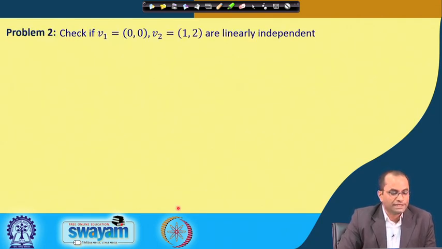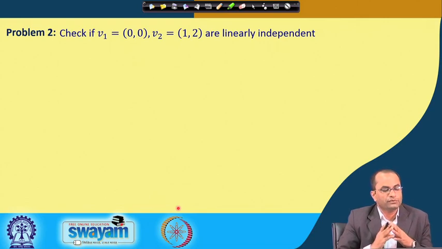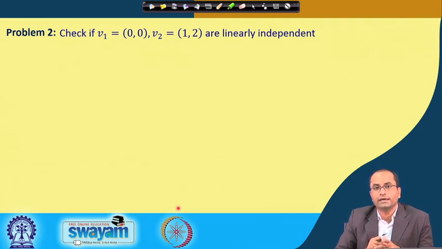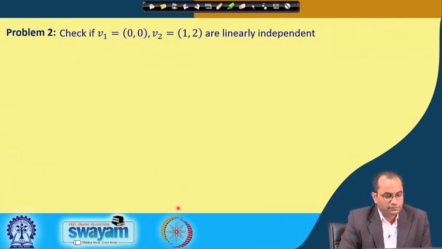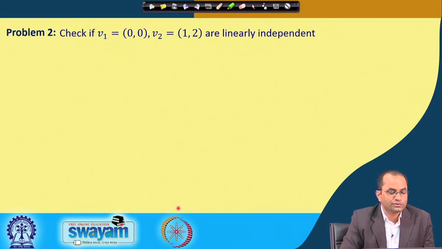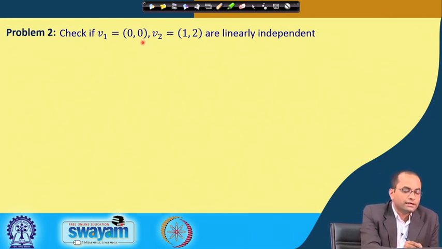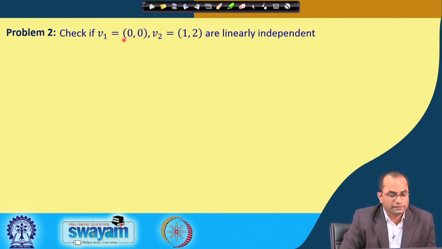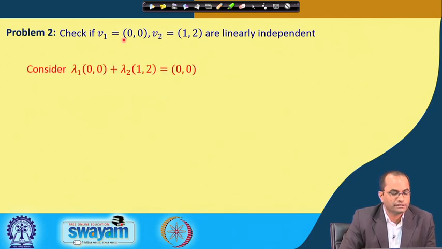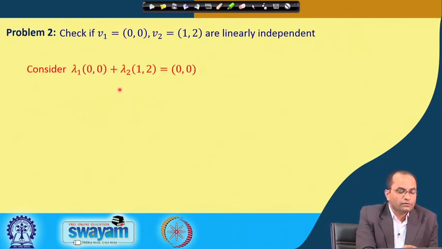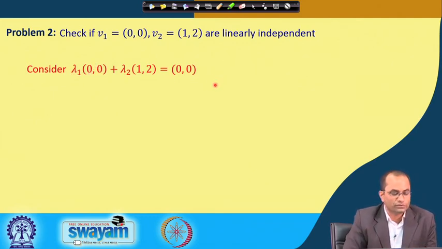And we will check now the second example, which says that v 1 is equal to (0, 0) and v 2 is (1, 2); are they linearly independent? This is a trivial task to check whenever the 0 vector is in the set, because we can always consider the equality lambda 1 (0, 0) plus lambda 2 (1, 2) is equal to (0, 0).